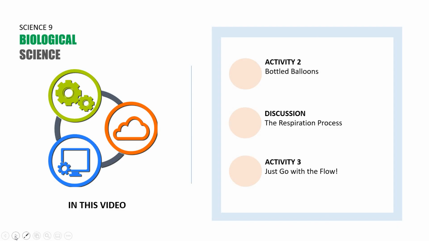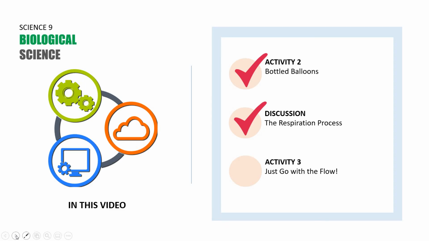And speaking of sequence, the following are the sequence of activities that we did for this video. We have activity number 2, bottled balloons. So, remember the balloons, remember the contraction and the relaxation. The second one is a discussion about the respiration process. For the discussion that we did, we described inhalation, exhalation, we described air pressure, we described the ribs, the rib cage, the chest cavity.